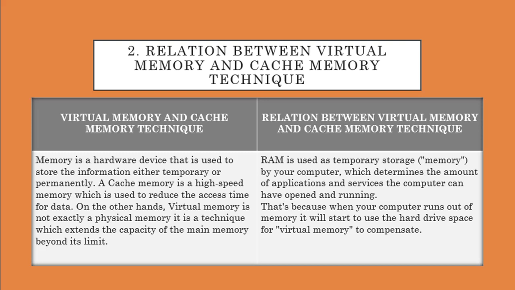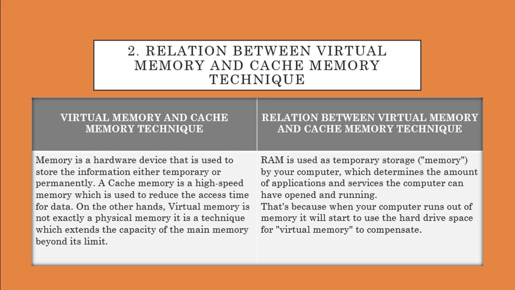So, the relation between virtual memory and cache memory technique happens when RAM is used as temporary storage, which is memory, by your computer, which determines the number of applications and services the computer can have open and run.